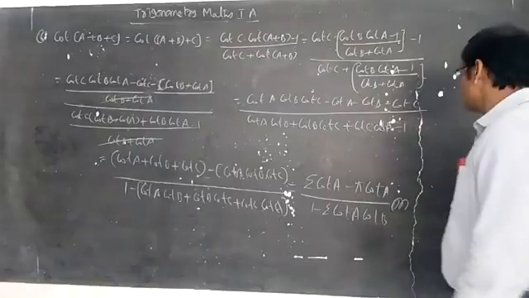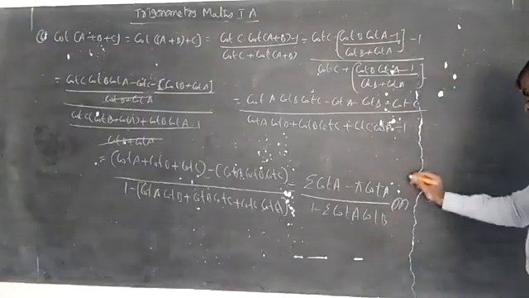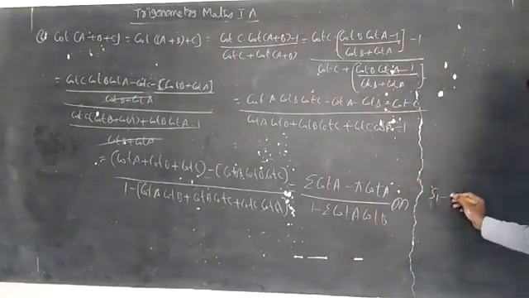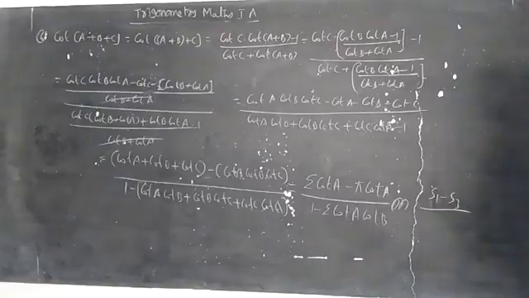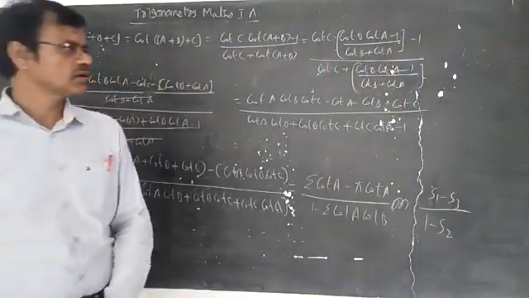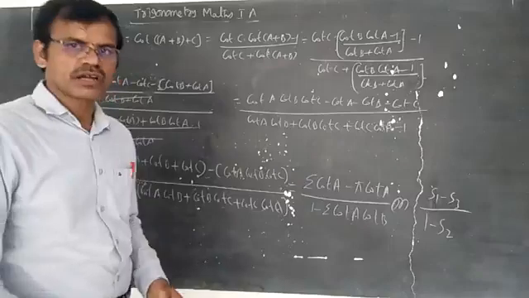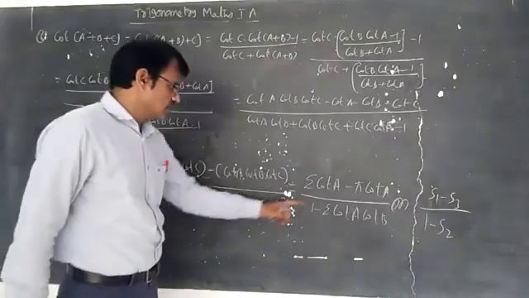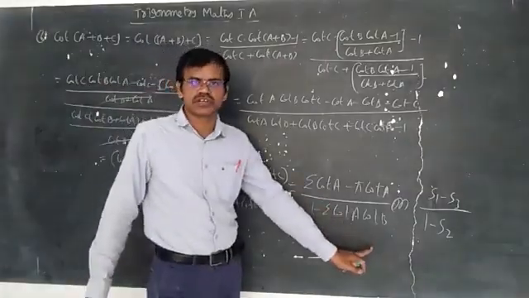Or you can write this one as S1 minus S3 by 1 minus S2, in the same concept of the tangent rule. S1 means summation of cot terms taken 1 at a time. S2 means summation of cot terms taken 2 at a time.